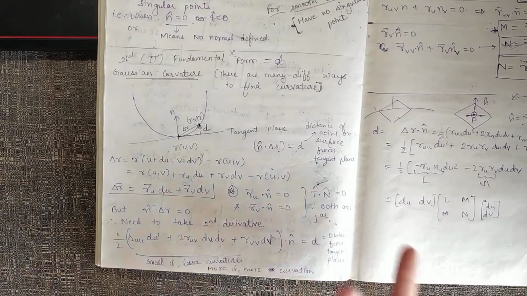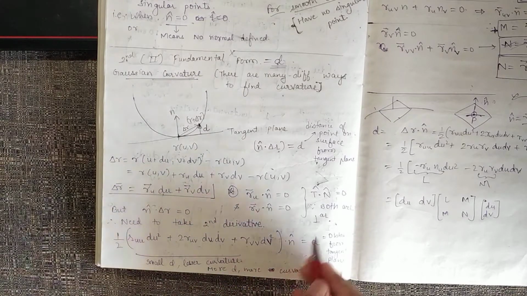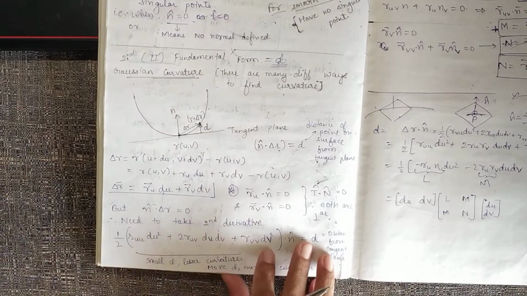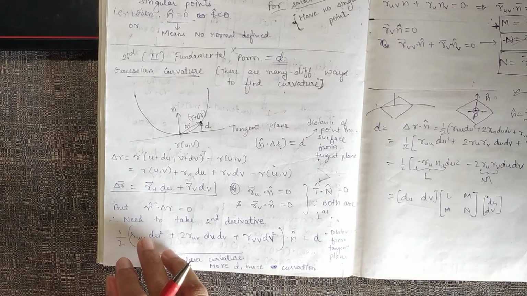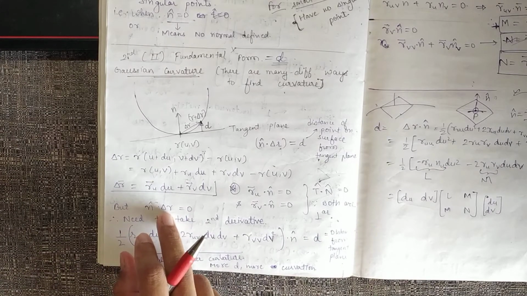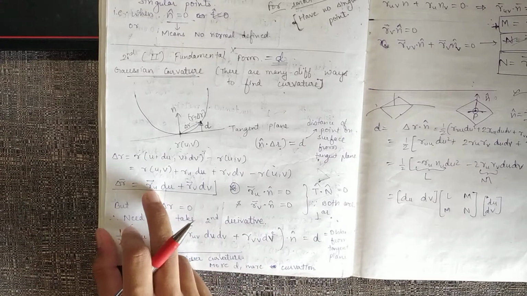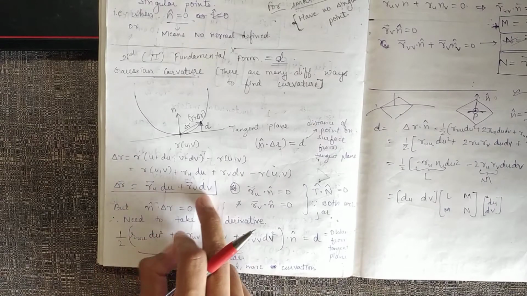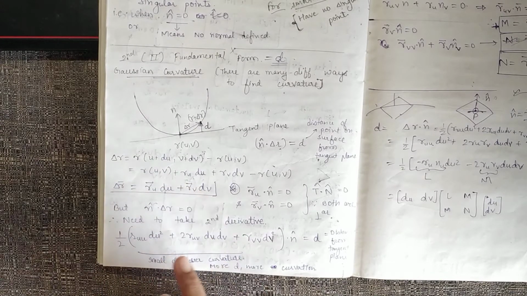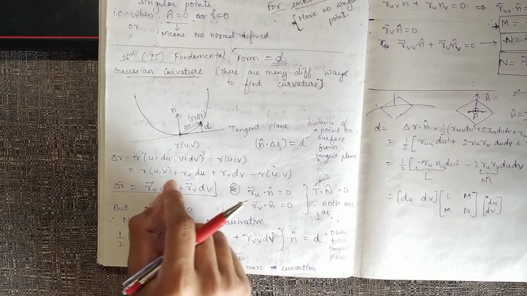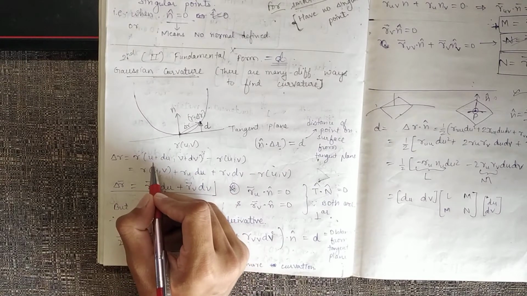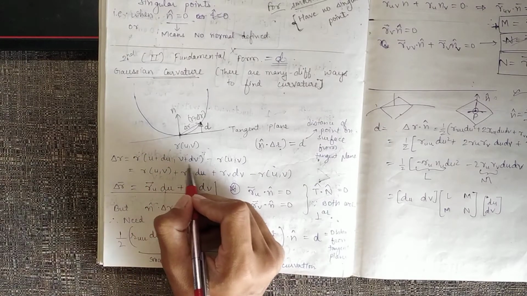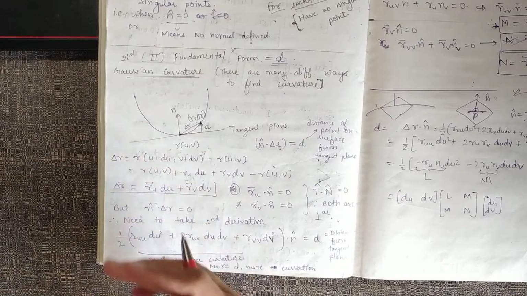Again similarly r_v dot n will be 0. So n dot delta r will be 0 because both of these terms result in 0.